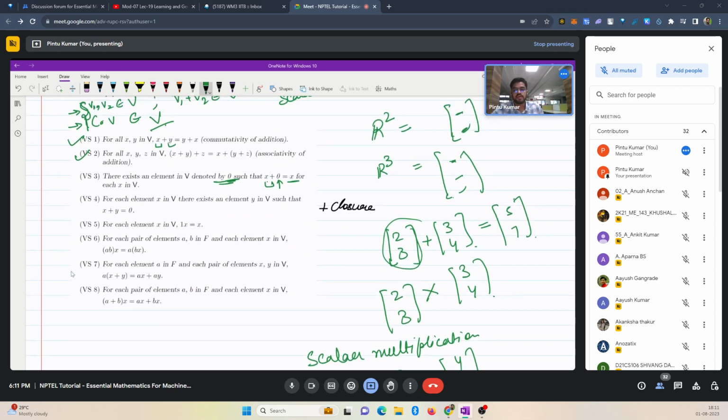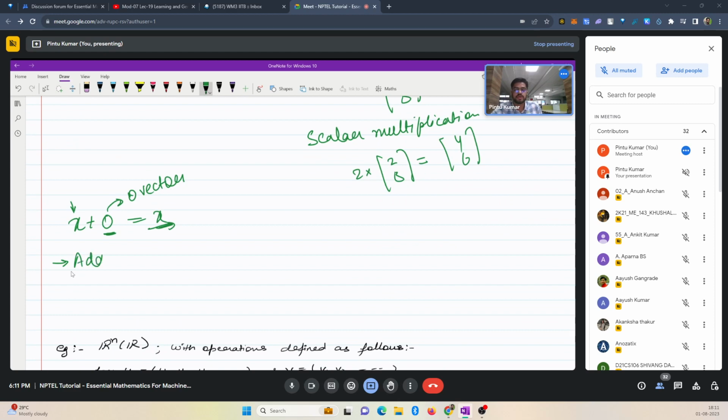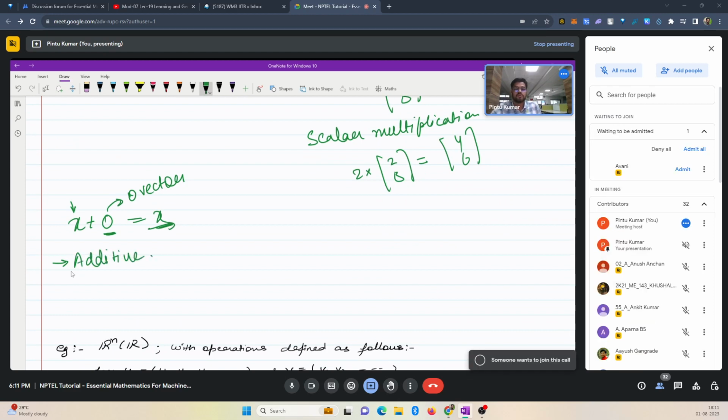Next thing is that you should have an additive inverse. So what is the additive inverse of 2? You would have studied it in school. If you add minus 2 to 2, you get 0. The same is the definition of additive inverse in a vector space.